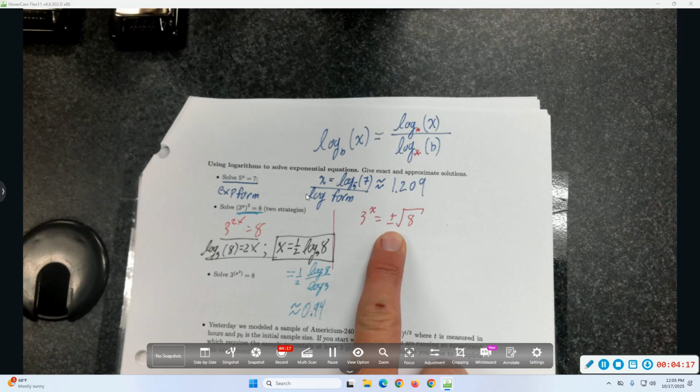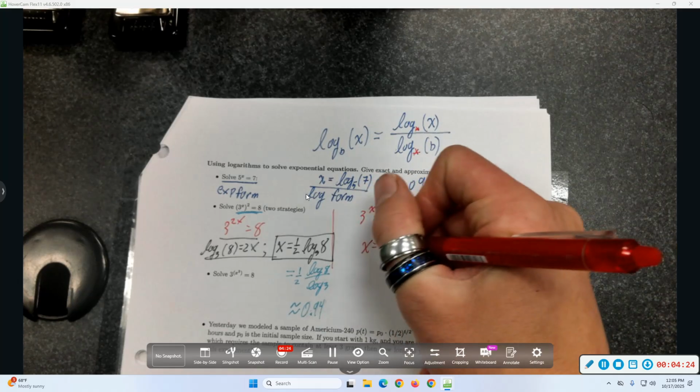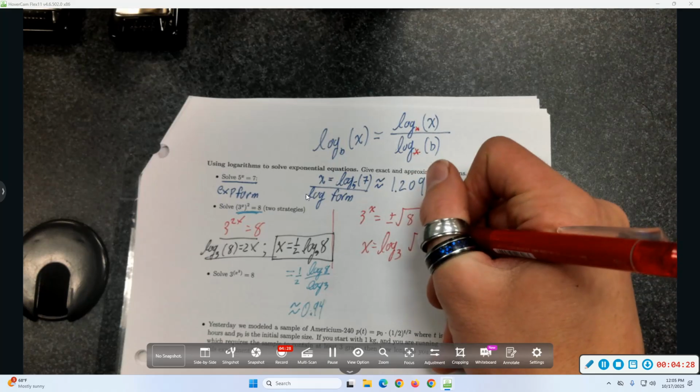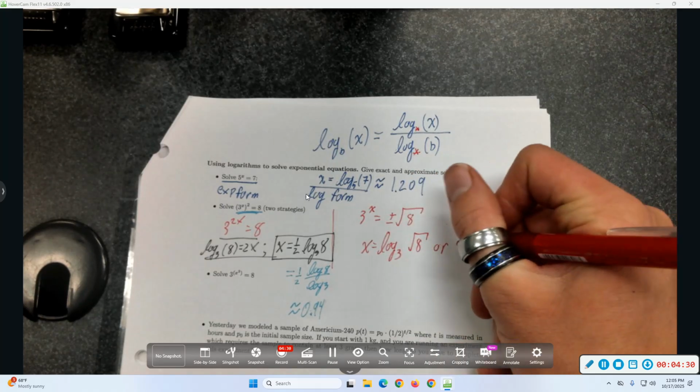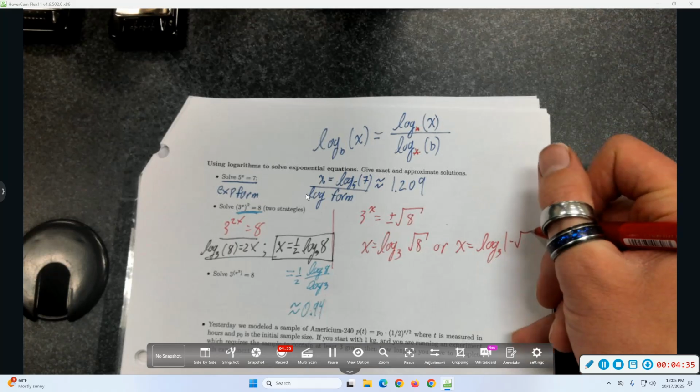Log base 3 of plus minus square root 8. Yeah. So just put it in log form. You'll get x equals log base 3 of root 8, or x equals log base 3 of negative root 8.